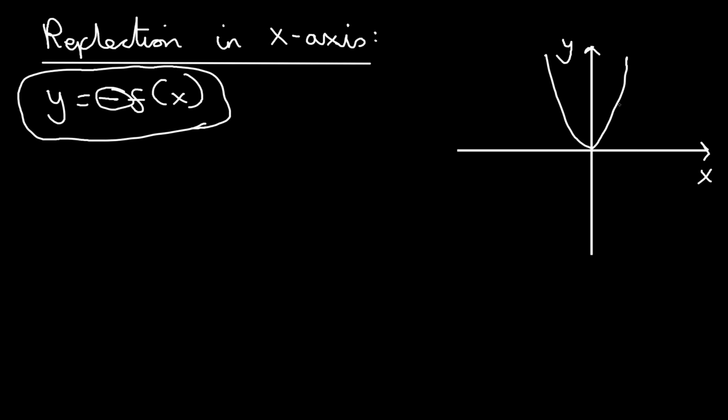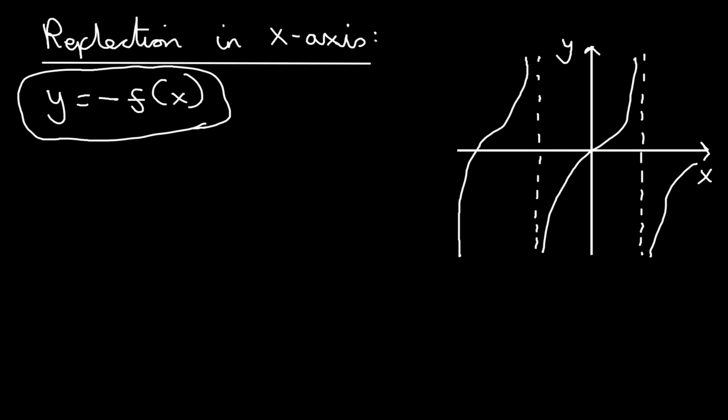So this graph just gets flipped with respect to this axis. This is quite an intuitive one and easy for most students to master.